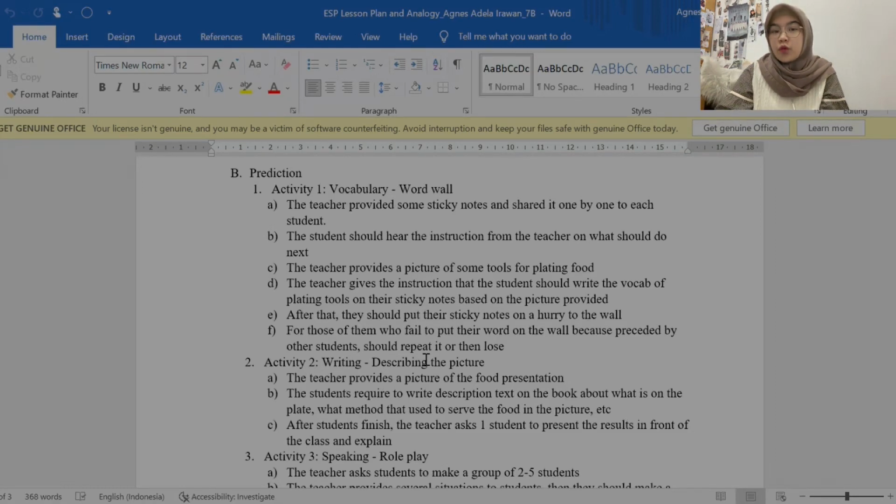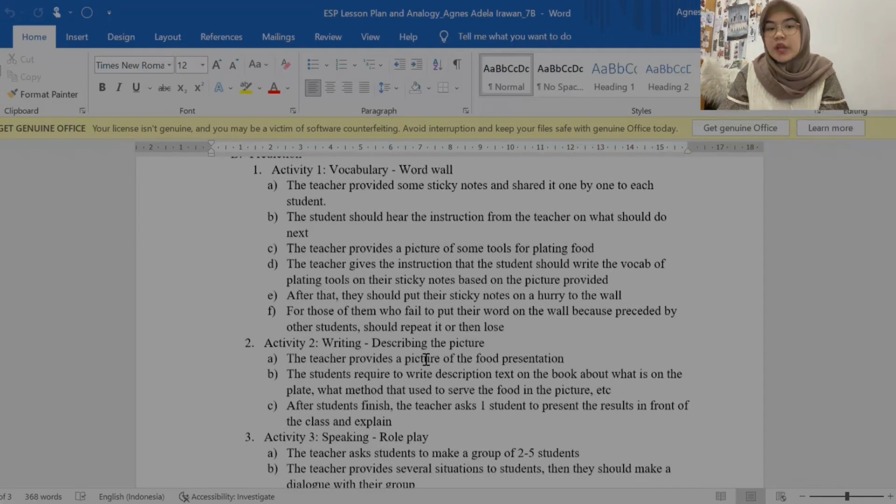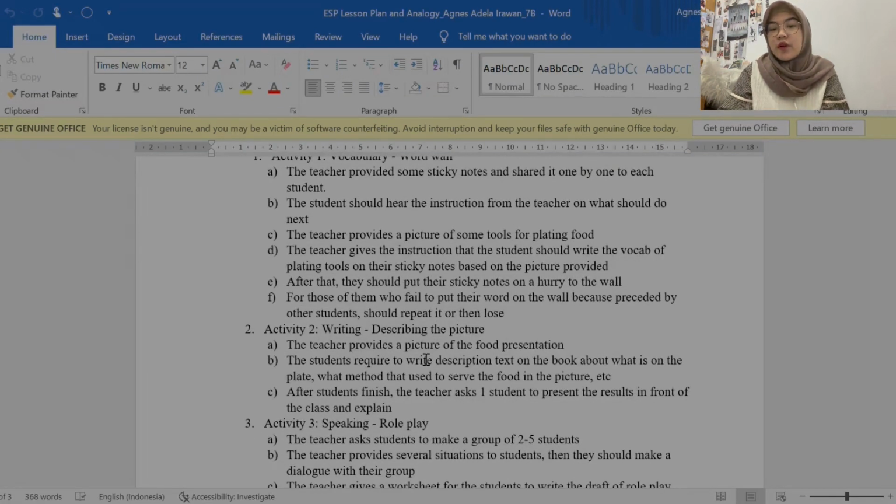We choose Word War. First, the teacher provides some sticky notes and shares them one by one to each student. And then the students should listen to the instruction from the teacher on what to do next. And then the teacher provides a picture of some tools for plating food.